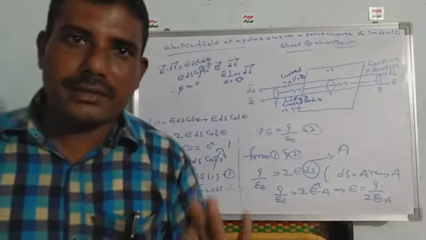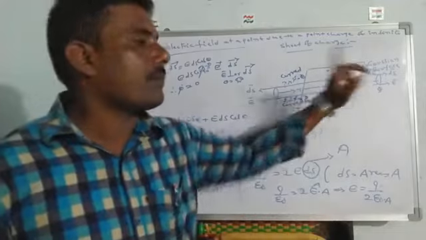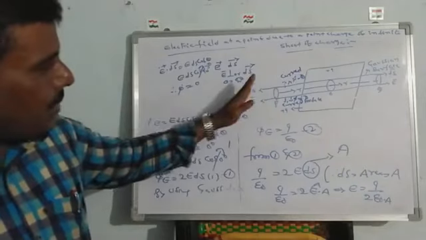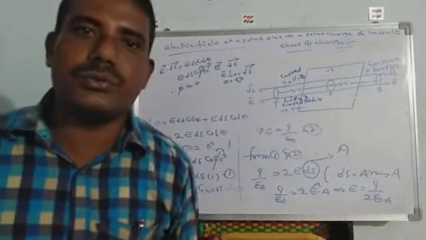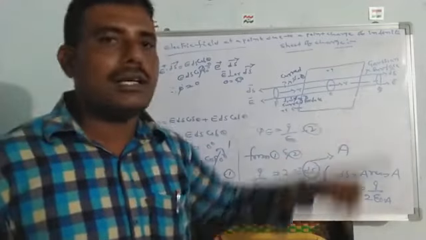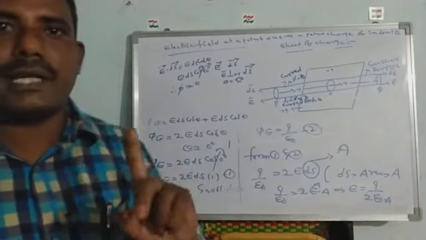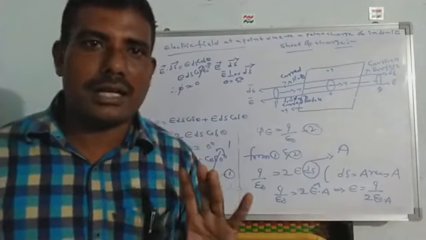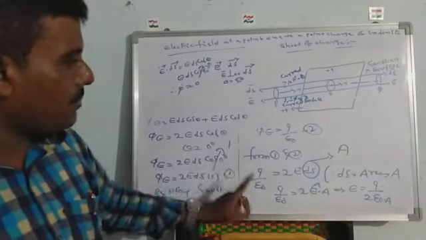We only calculate the flux at the end surfaces. At point P the flux is phi P, at point Q the flux is phi Q. So the total flux through the Gaussian surface, phi E equals phi P plus phi Q. From the statement of Gauss law, phi E equals Q by epsilon naught.